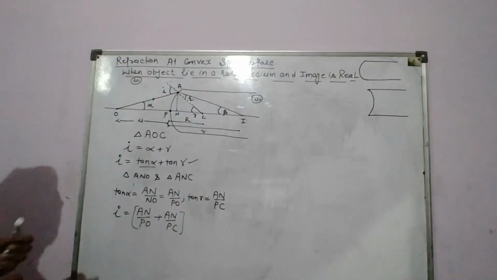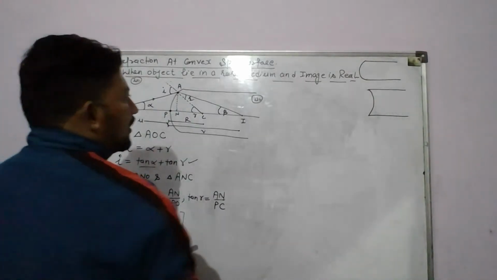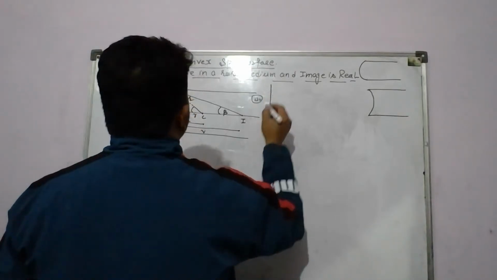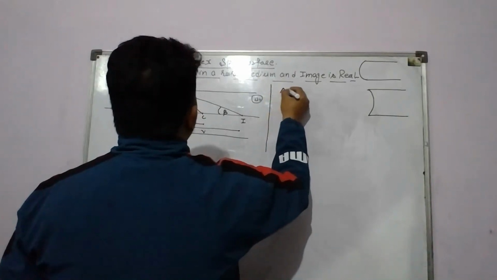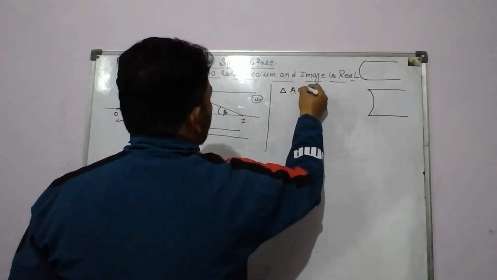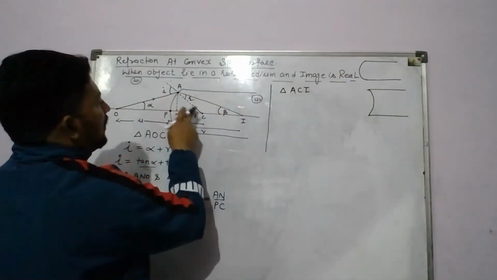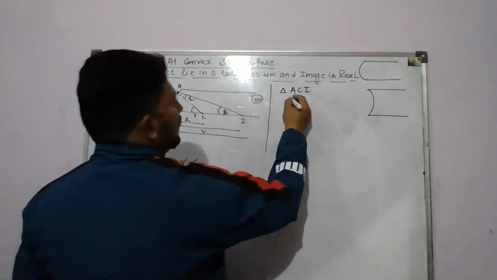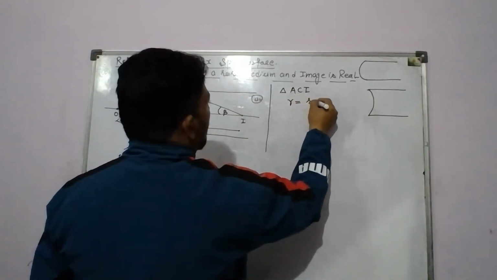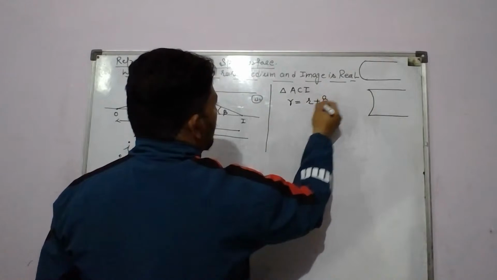After that, you will solve R because we apply Snell's law. Taking triangle ACI, gamma is equal to R plus beta.